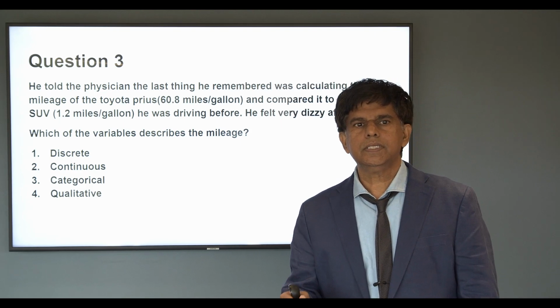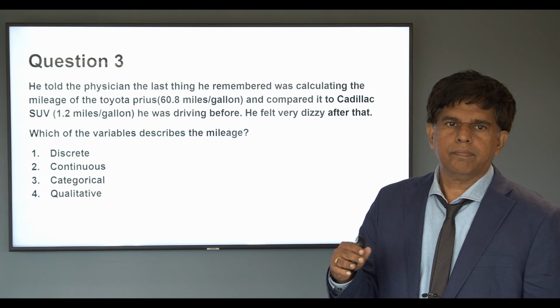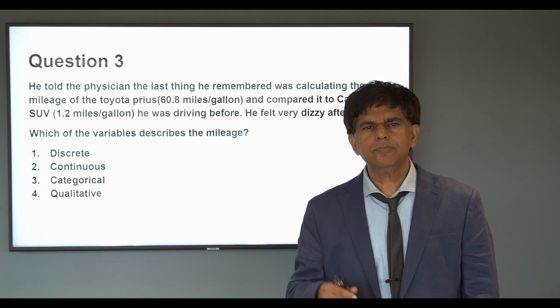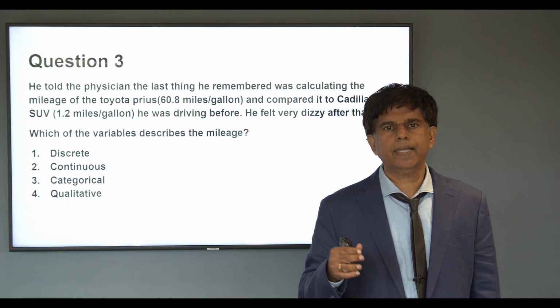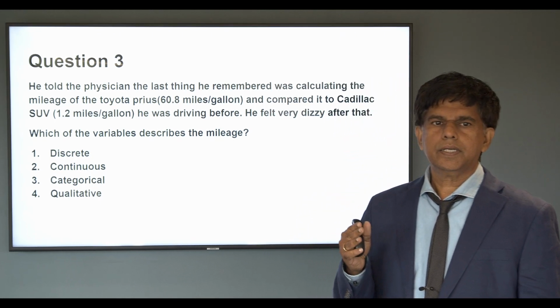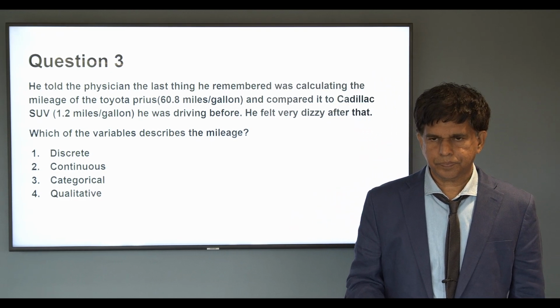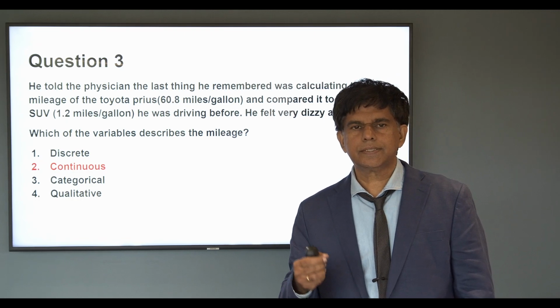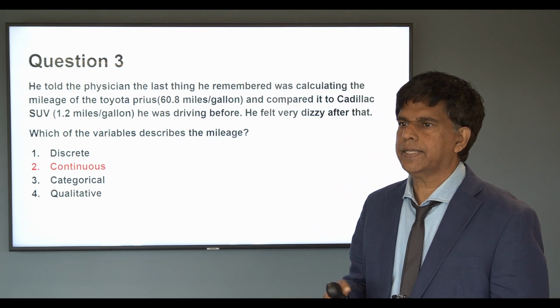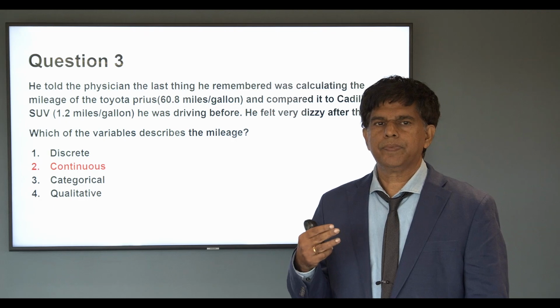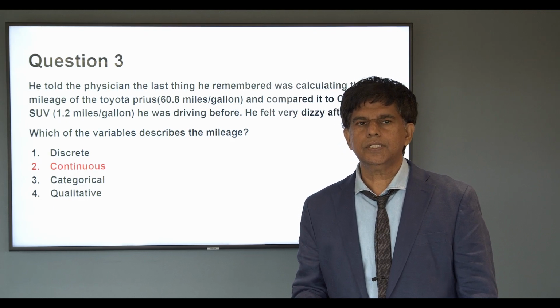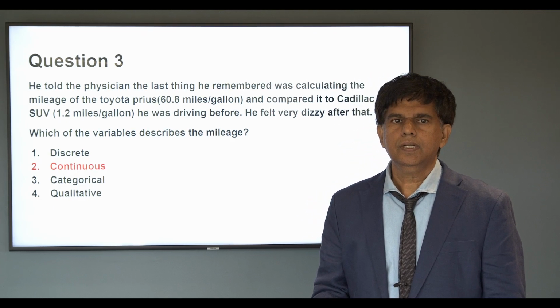He felt very dizzy after he calculated that. Which variable describes the mileage he was calculating? Discrete, continuous, categorical, or qualitative? The answer is it's a continuous variable. If you look at it, it has a decimal in it, right? So it's a continuous variable, the mileage.